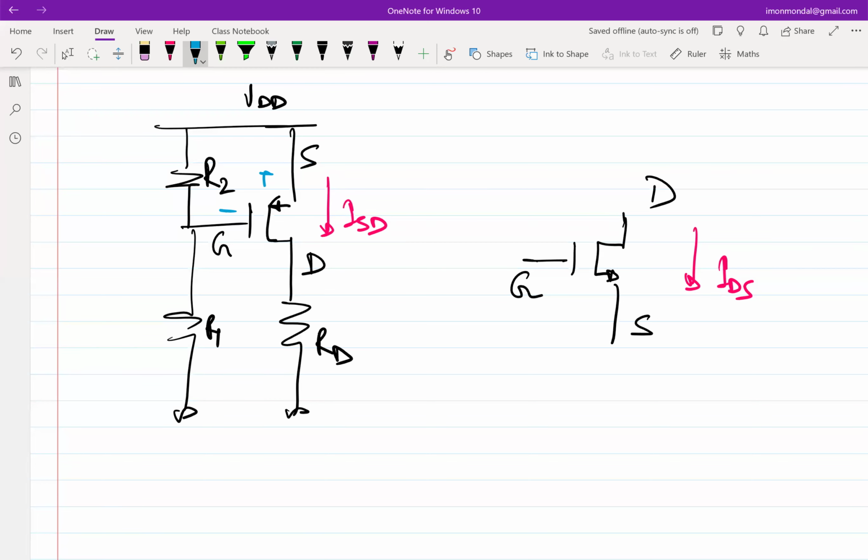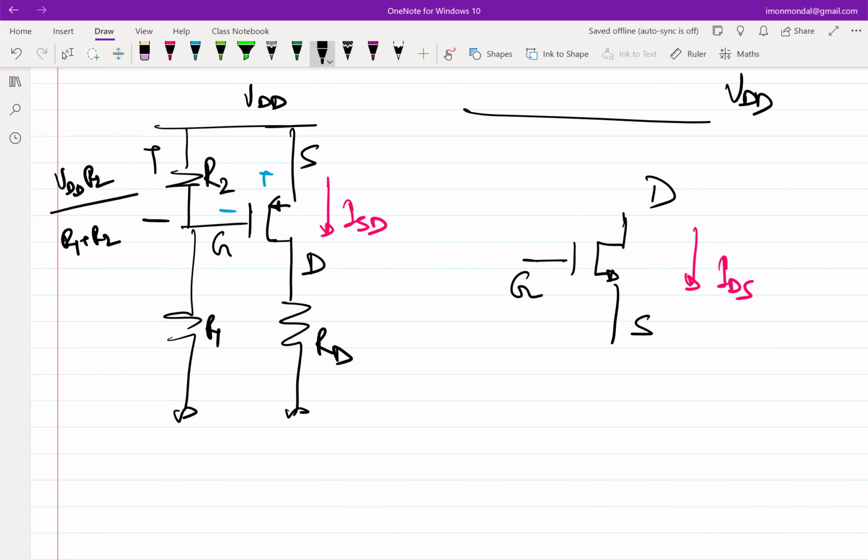So I have a VDD. So what was the VSG in the circuit on the left? That was VG, not VSG, right? The voltage drop across R2 will be VDD times R2 by R1 plus R2, right?